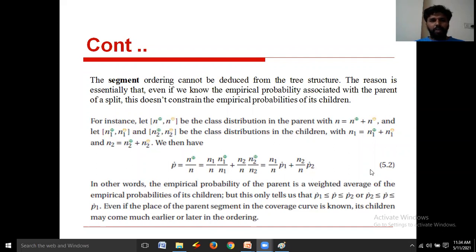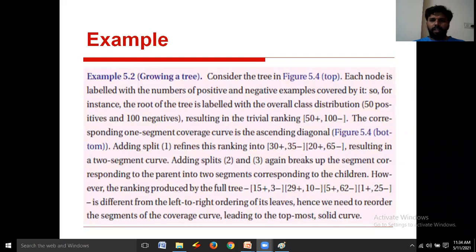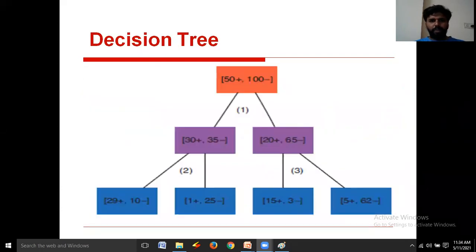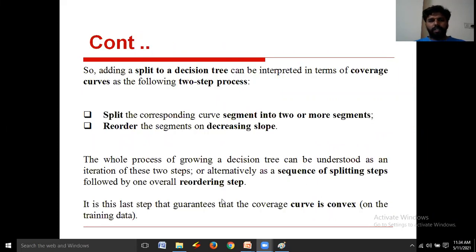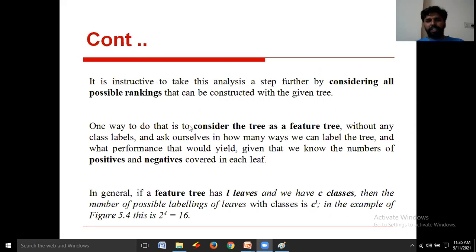What is a decision tree, how to construct a decision tree, how to give ranking, and what is empirical probability, how to calculate empirical probability. This is the equation to calculate empirical probability. And I already explained one example to construct a decision tree, and these leaf nodes are called segments. These are the 2 important points we need to use at each split of a decision tree. These 2 are iterative steps we need to execute to construct a decision tree.